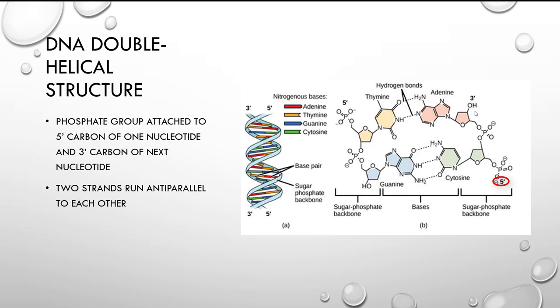So this one's going from 3' to 5', the opposite direction. This strand is going the opposite direction. So the two strands are running anti-parallel to each other. Pay attention to that because it'll help you in the next video when we get into DNA replication. So pay attention to the 3' and 5' ends.